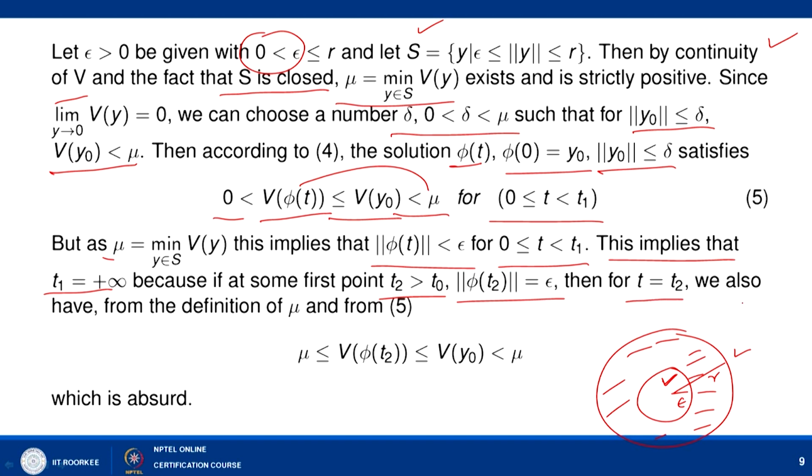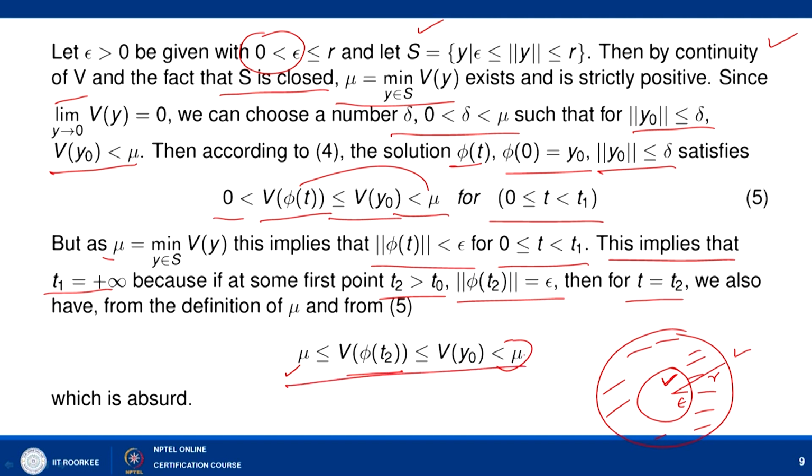Then for t equal to t2, from the definition of mu, since phi of t2 is equal to epsilon, and mu is the minimum of values of V of y over S, and phi t2 belongs to S, it means that V of phi t2 is greater than or equal to mu. But V of phi t2 is less than or equal to V of y naught, and V of y naught is less than mu. So, it means that this condition cannot hold true.